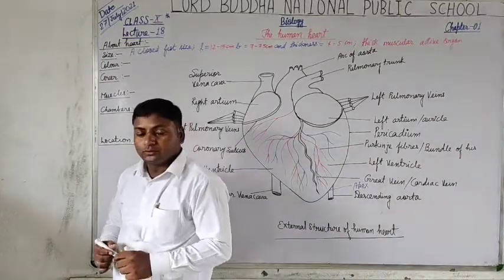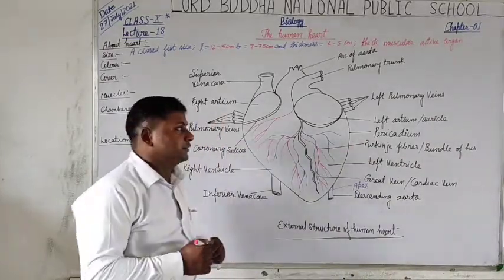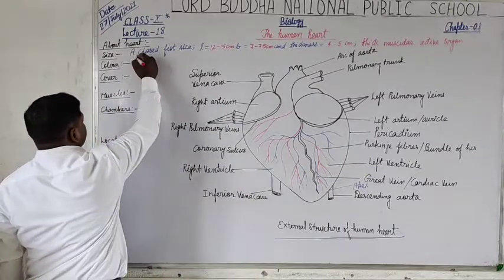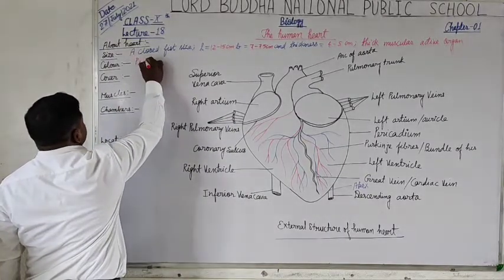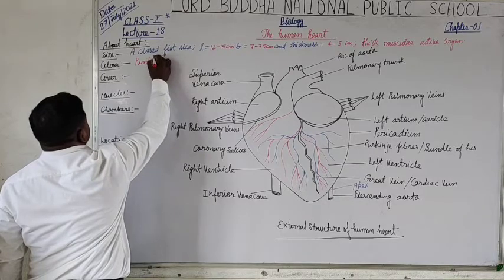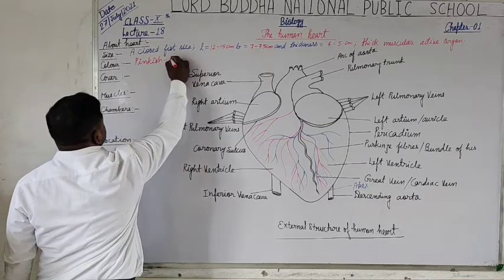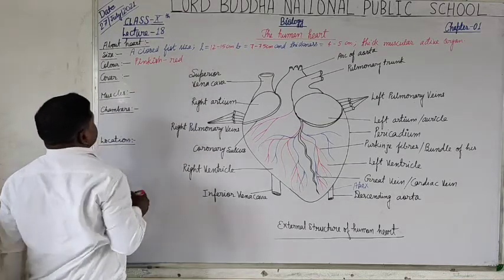If we are talking about the color, then the color of the human heart is pinkish red.